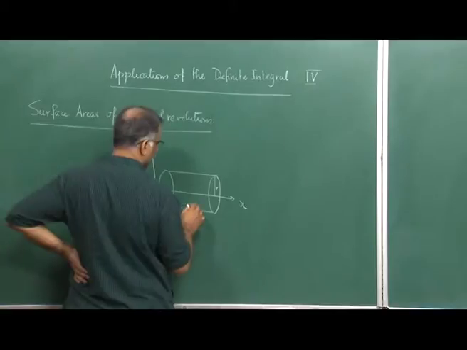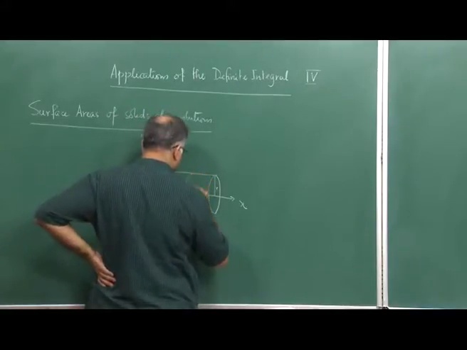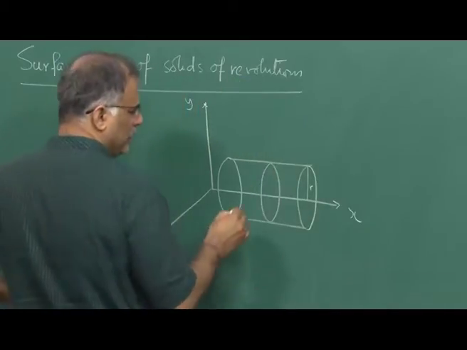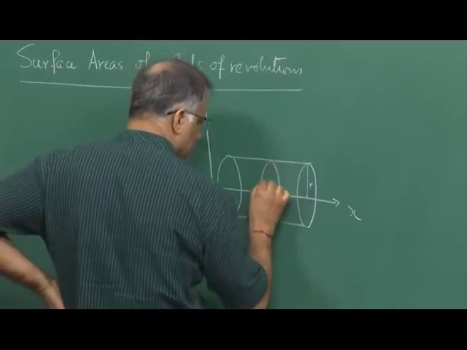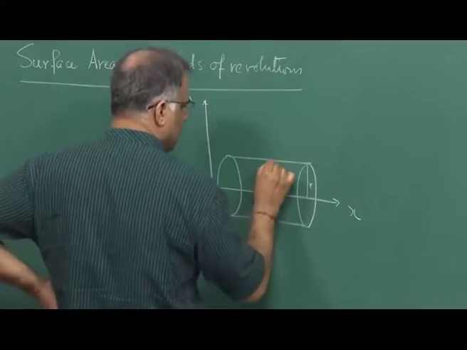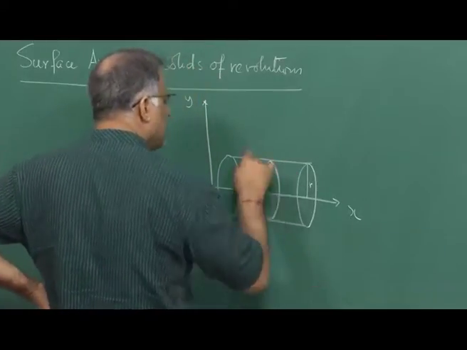Then if you take any cross section of this, what is the length of this? Basically for the rectangle, this is same as 2 pi r.